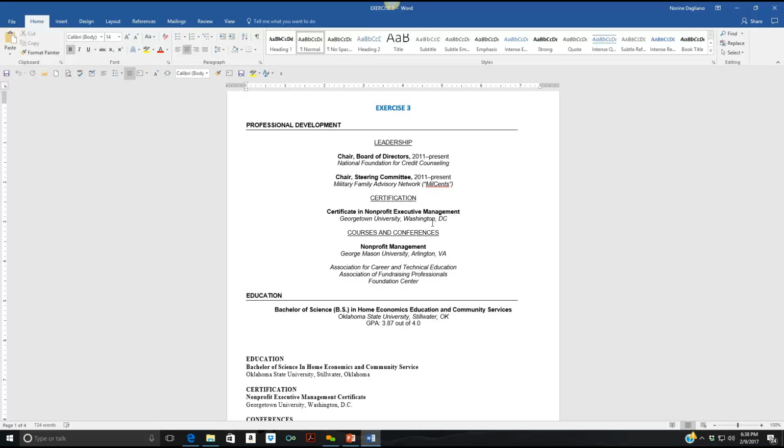But by doing research, I was able to find out, and this was not from the client, but from research, that a nonprofit executive management certificate from Georgetown University is equivalent to a master's degree. And I think only 2 of you may have picked that up. Everybody else was giving it lower priority than the bachelor's degree. So you'll see that throughout as we look at the assignments.